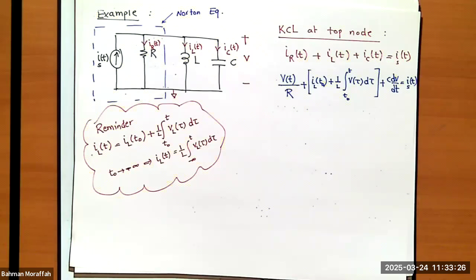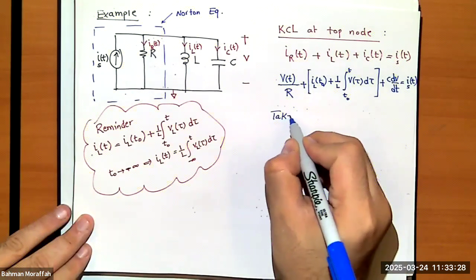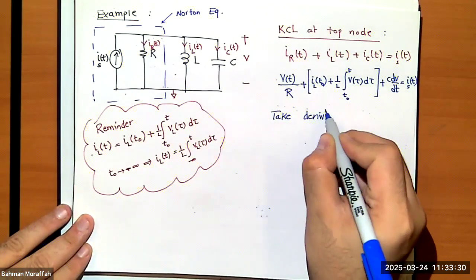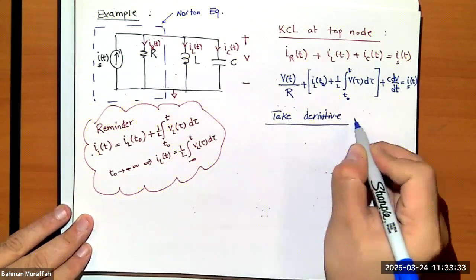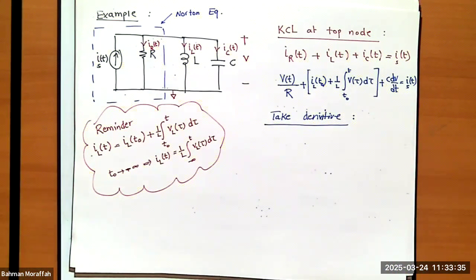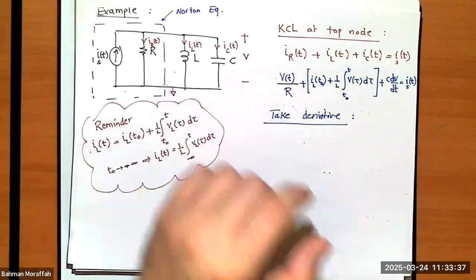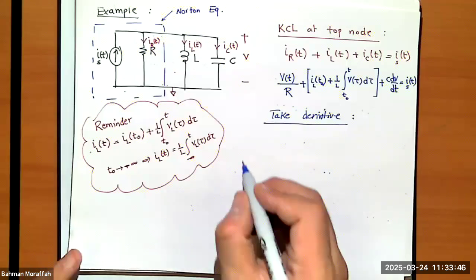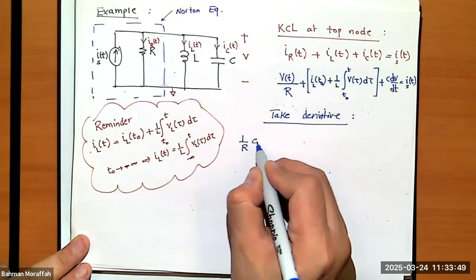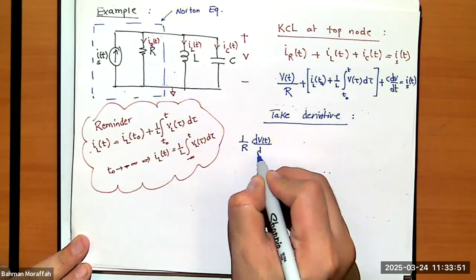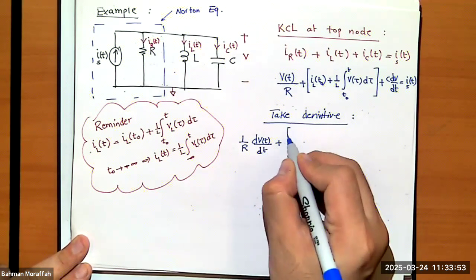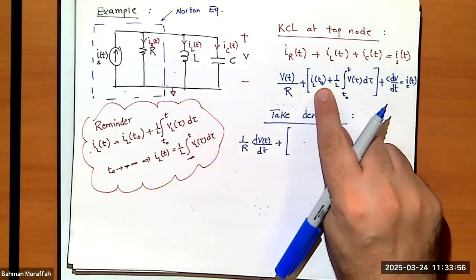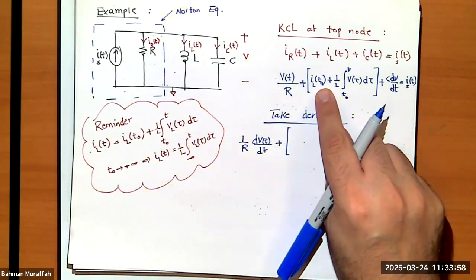So take the derivative. What is the derivative of the first term? Again, 1 over R is constant, so I can pull it out. So I have 1 over R dv(t)/dt, plus, what is the derivative of this IL at time t naught?